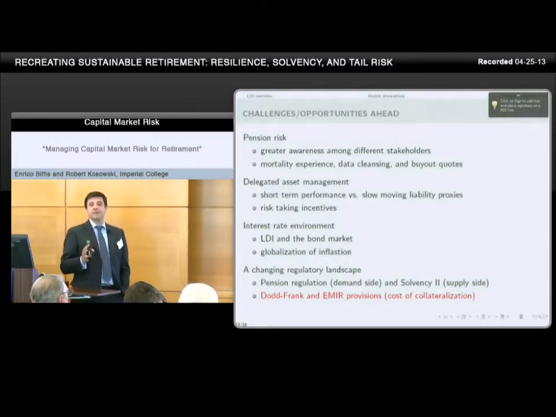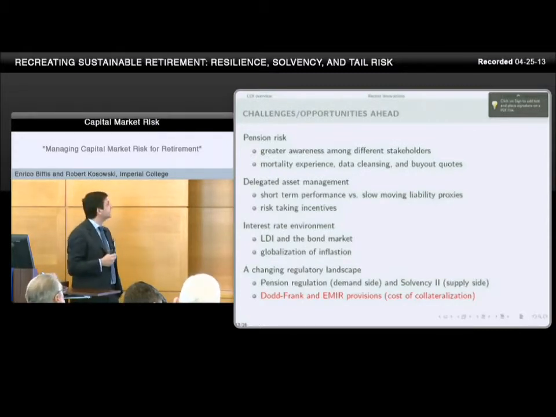Delegated asset management, I think, is going to be very important to understand the risk-taking incentives induced by LDI strategy. I think it's not entirely clear there how to properly trade off a short-term performance measure versus liability proxies that are really very slow-moving, right?